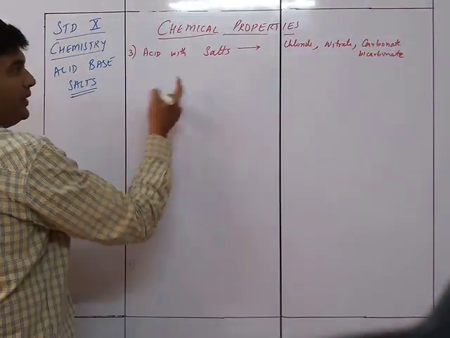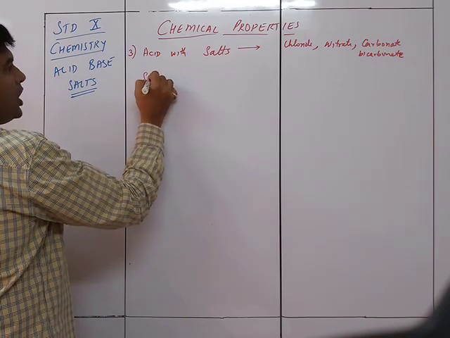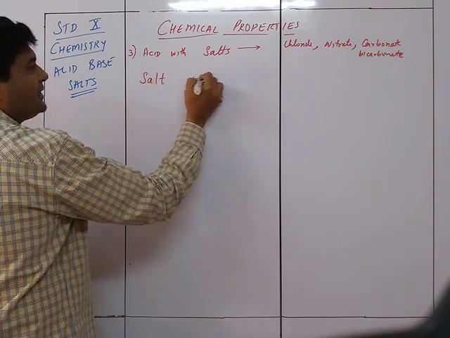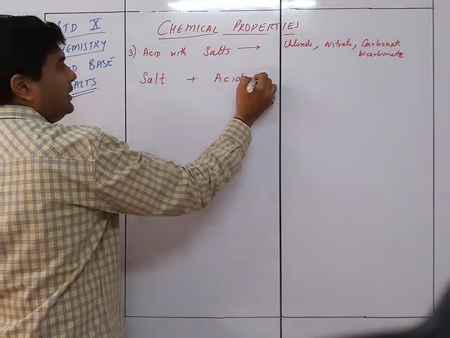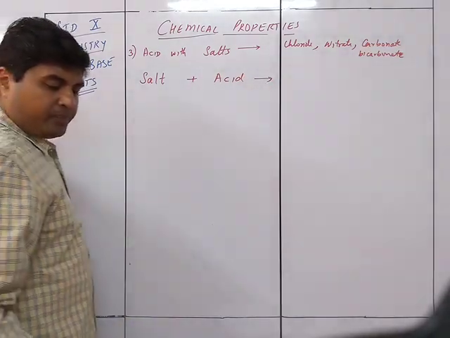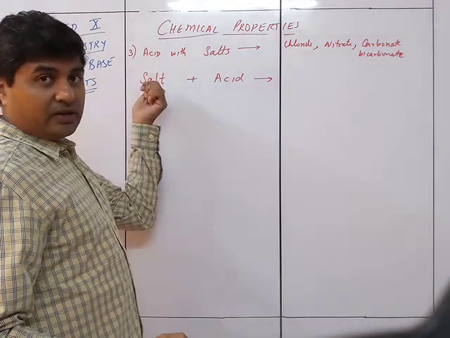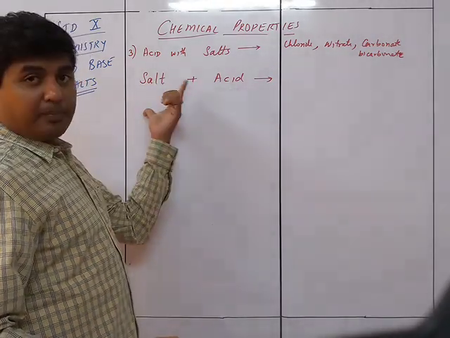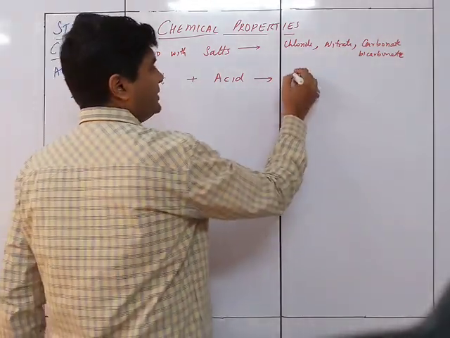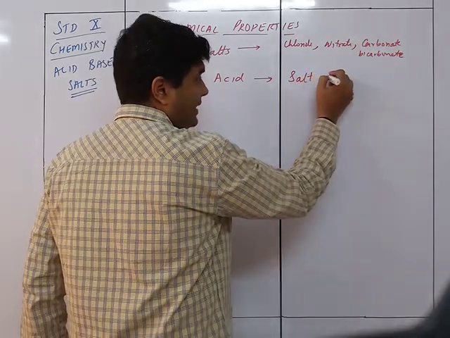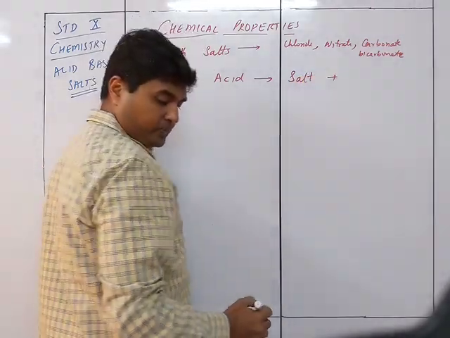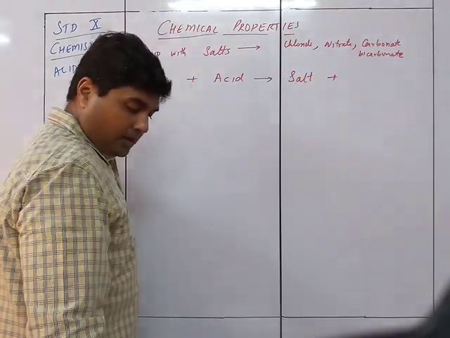So first thing, what is going to happen is salt reacting with acid, it is going to give me a metallic salt. So this is a salt. The salt is going to become a mixed salt over here. So it is going to give me another salt over here, and it is going to give me another acid.